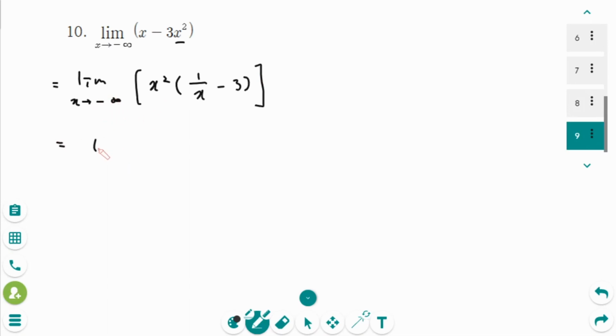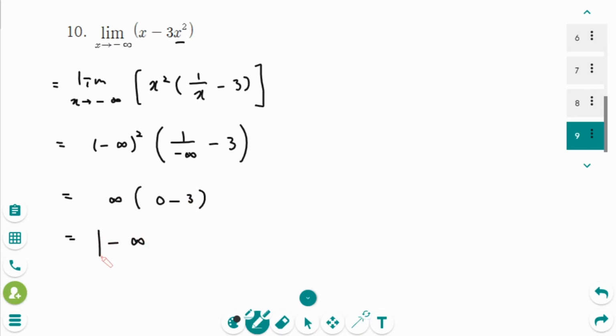And then put minus infinity into x, minus infinity squared, 1 over minus infinity minus 3. So this one makes infinity, 0, minus 3. So infinity times minus 3, which is minus infinity. The answer is this one.